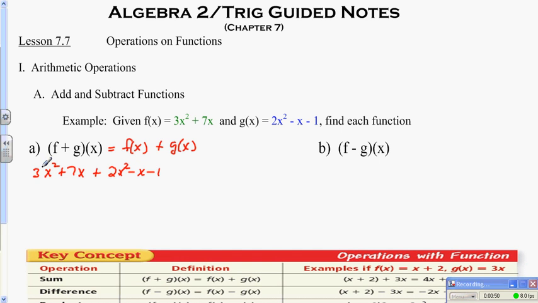And in this situation, we would combine like terms. So we have 3x squared plus 2x squared is 5x squared. 7x minus x is a positive 6x, and then minus 1. And we've done that before, but we haven't done it starting with the notation that it was given.